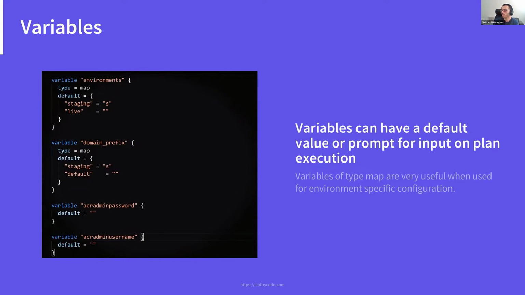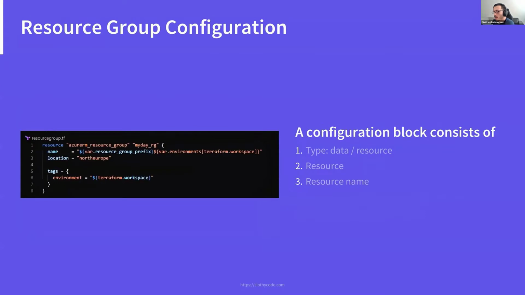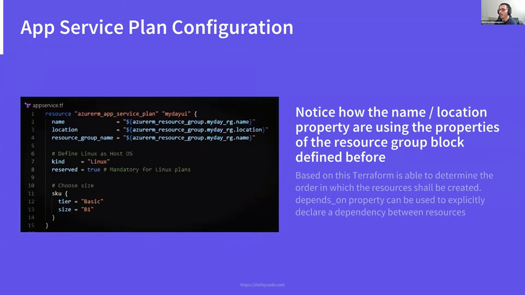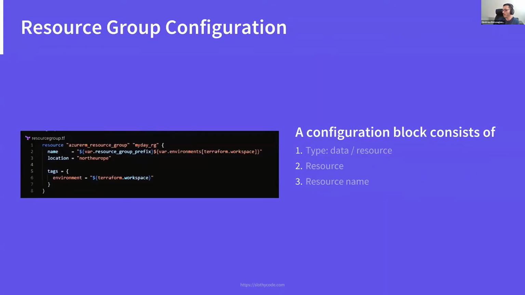In the case that I'm working on a workspace named staging, when the plan executes, if you see the second part of the interpolation here, var.environments[terraform.workspace], it will look for the key of staging, and then it would append the S at the end of my resource group and everywhere this is used. So this is the way that we can define different environments with different environment files.